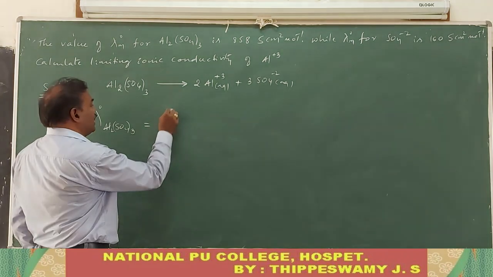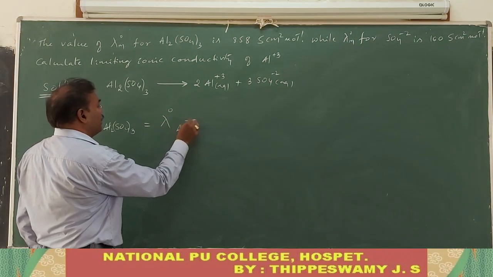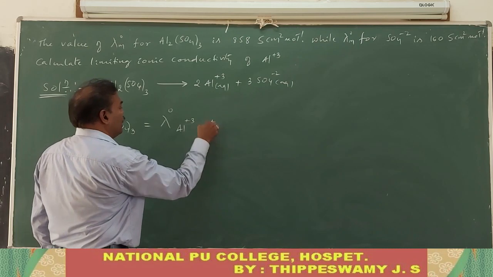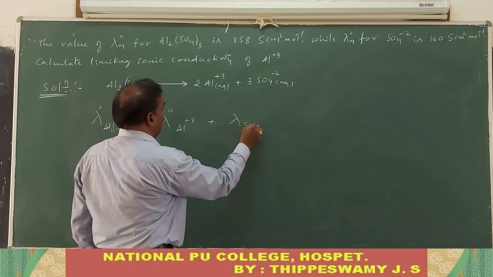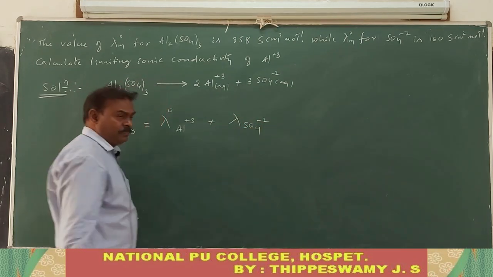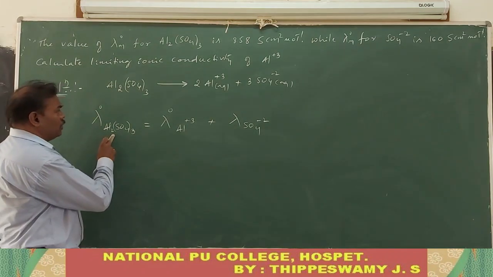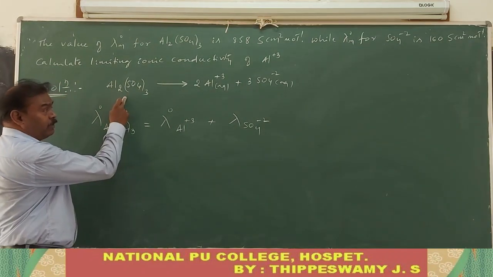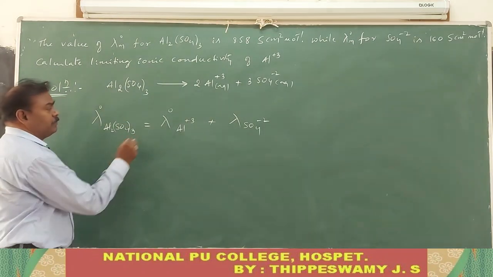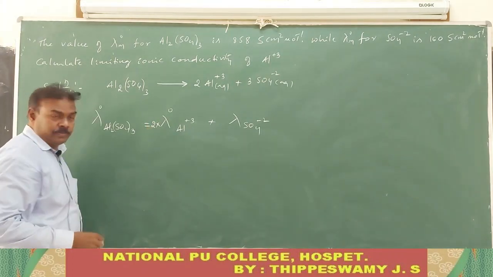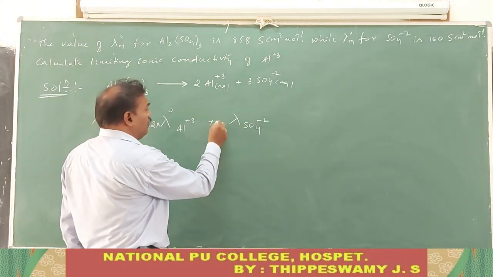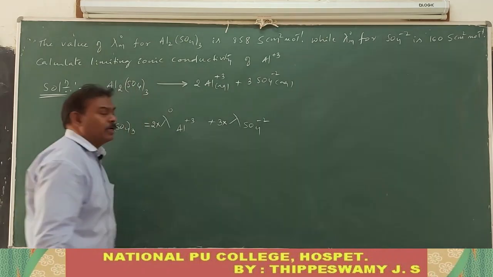Limiting molar conductivity of aluminum ion, Al3+, and the limiting molar conductivity of sulfate ion. How many aluminum ions are produced by ionization of 1 mole of aluminum sulfate? It is 2 moles. And 3 moles of sulfate ion will be produced.